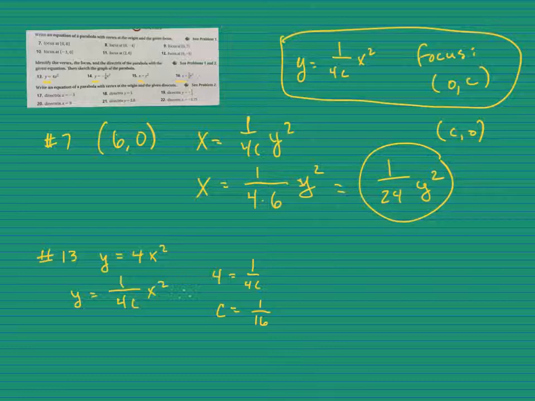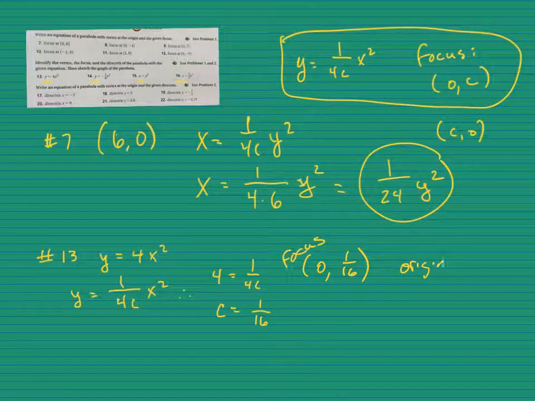And we remember for a vertical parabola, my focus is going to be 0, c, and we've identified that c is 1/16. So I know then that my focus is going to be 0, 1/16. And I know that my vertex is going to be 0, 0, because there have been no transformations of my standard form.